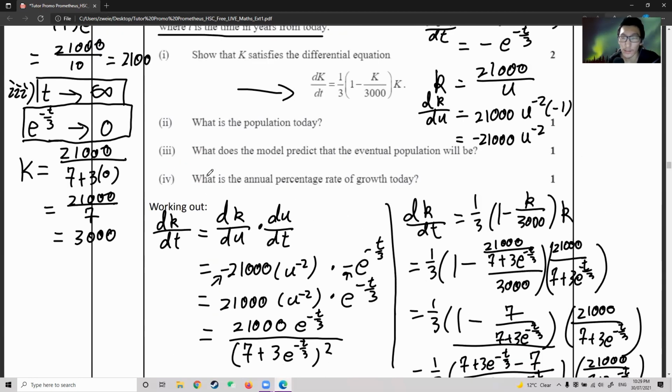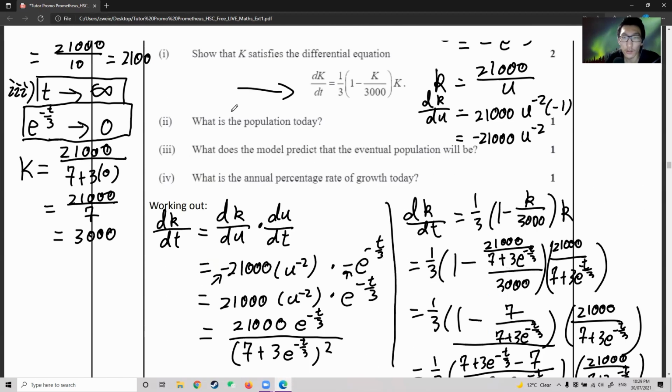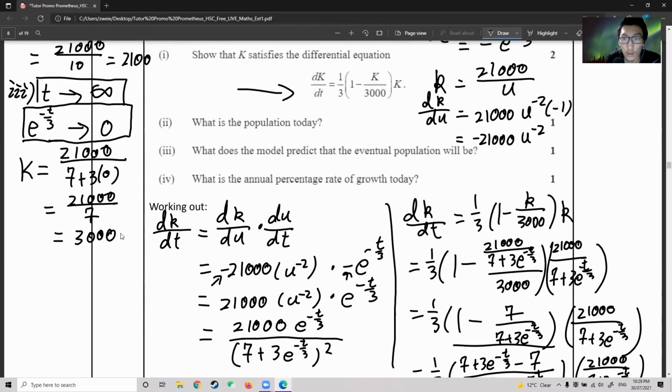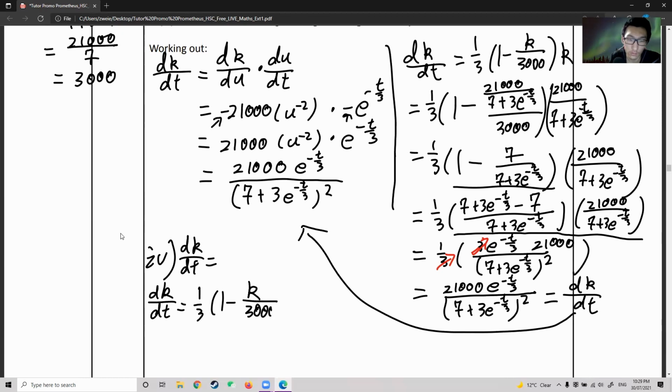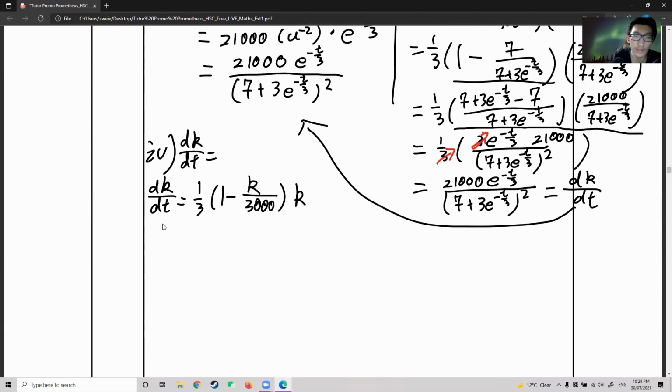What we can use is actually the differential equation that we just found. So dk/dt is equal to 10/3, 1 minus k over 3000, times k. So we know that at this year, we have a population of k, which is equal to 2,100.